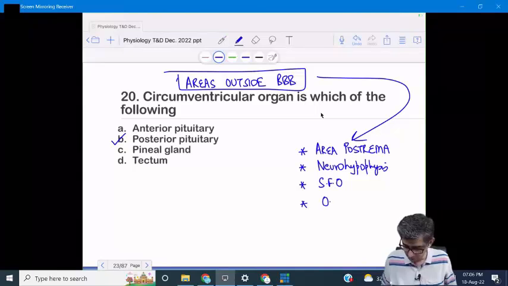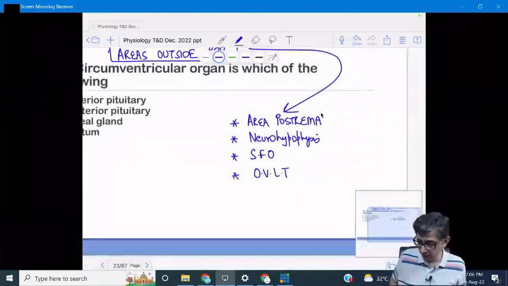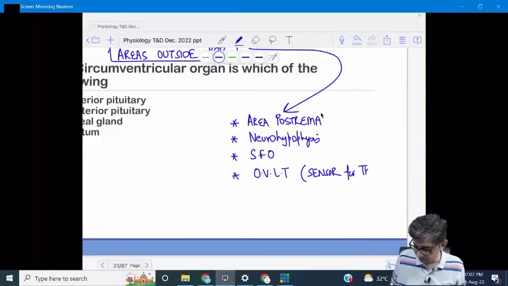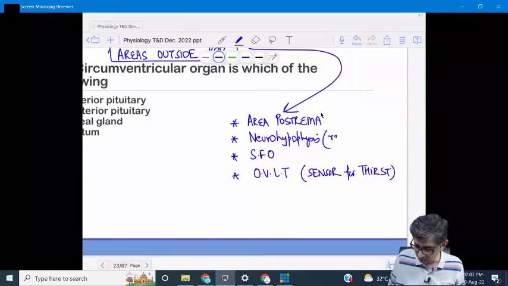Then there is the organum vasculosum lamina terminalis, the OVLT, this is the sensor for thirst. The neurohypophysis is going to cause a release of vasopressin. It will cause a release of antidiuretic hormone.